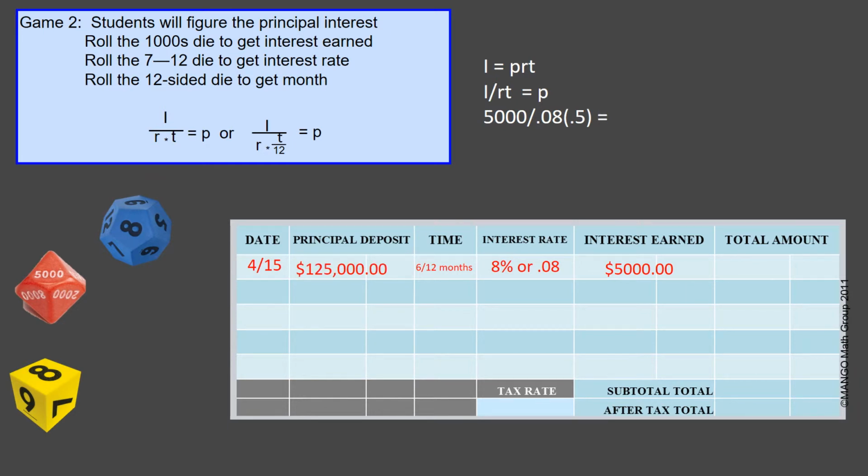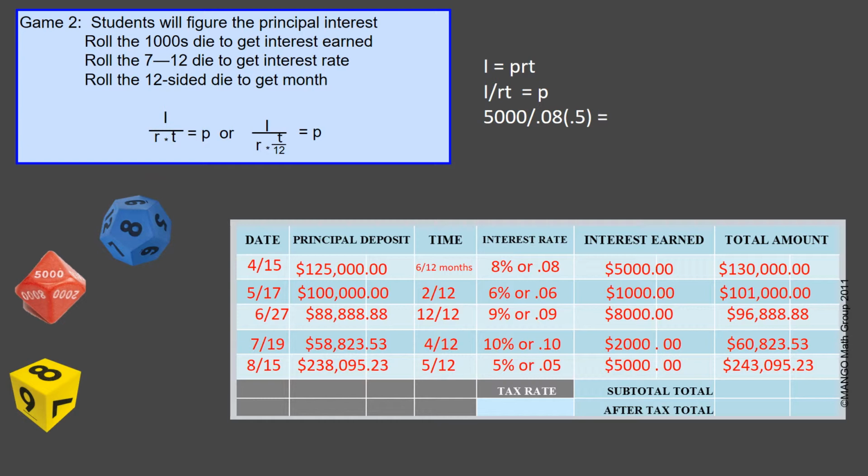Then we're going to take the 5,000 and divide it by our interest rate times time, which is going to give us an amount, which is $125,000. So we originally put in $125,000. After 6 months, we earned $5,000 in interest, which gets us a total amount of $130,000 that we earned that month.